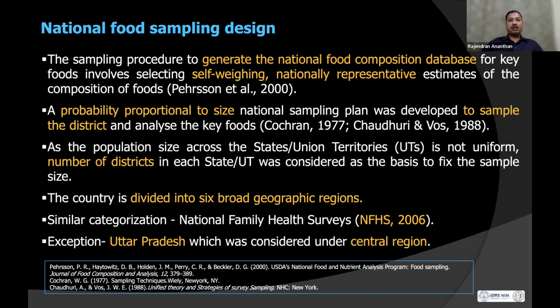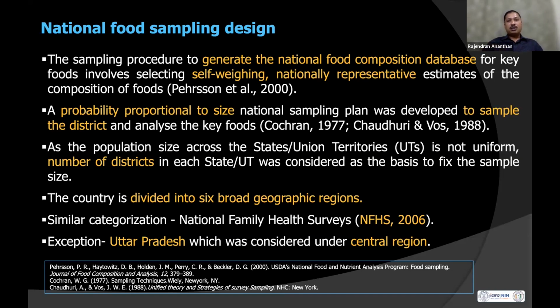we have to follow an adopted or internationally accepted method. So we use a nationally representative sample plan, based on probability proportional to the size. The national level sampling plan we have developed is based on what FAO has already recommended.